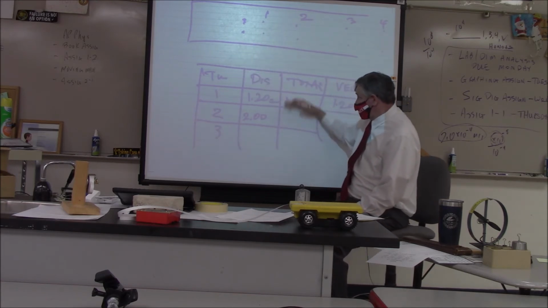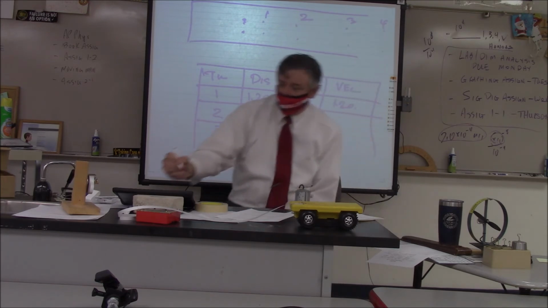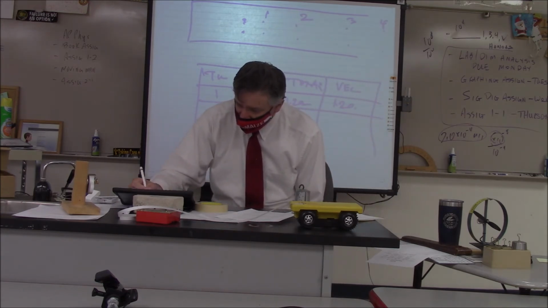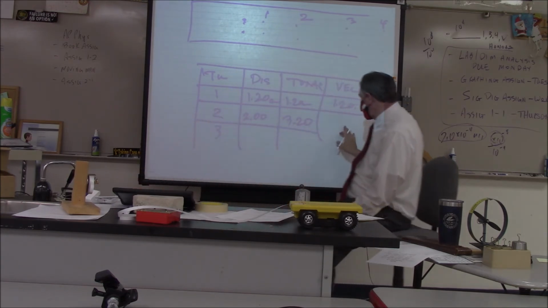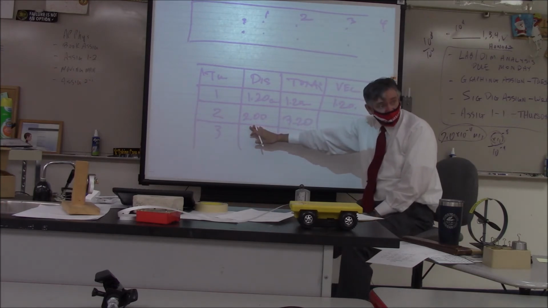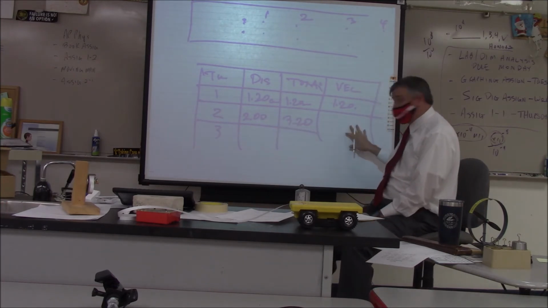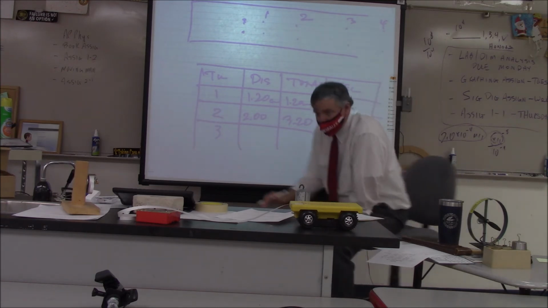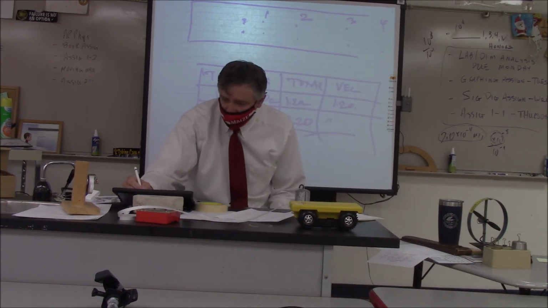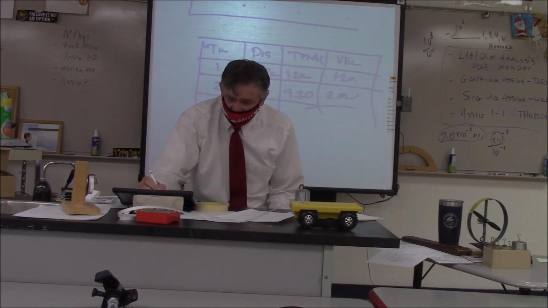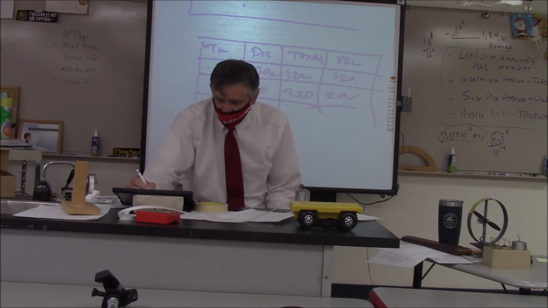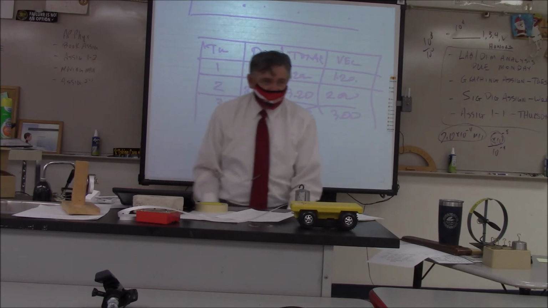So in this situation, that's going to be 3.20, but then my velocity here is going to be whatever my displacement is, so that's going to be 2.00. Now let's say the next one is 3, I'm just making up the numbers, that's going to be 6.20, and the velocity is going to be 3.